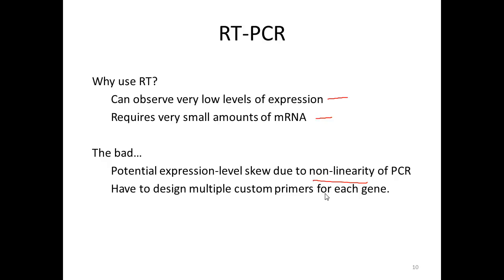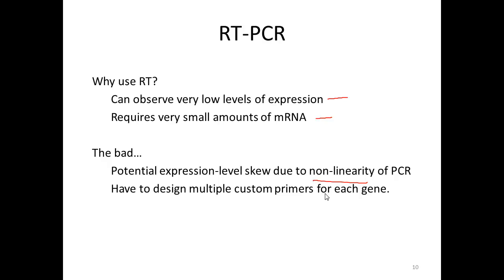The difference between really doubling, 2.0, the amount of material each cycle versus amplifying it nearly double, 1.95, say, each cycle is huge after 30 or 40 cycles. And unless you're careful and have some good controls, you can be really fooled about the levels of a gene.